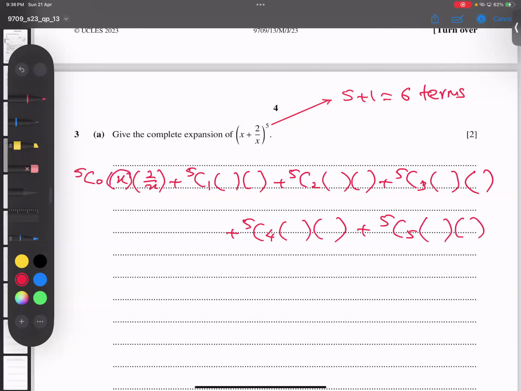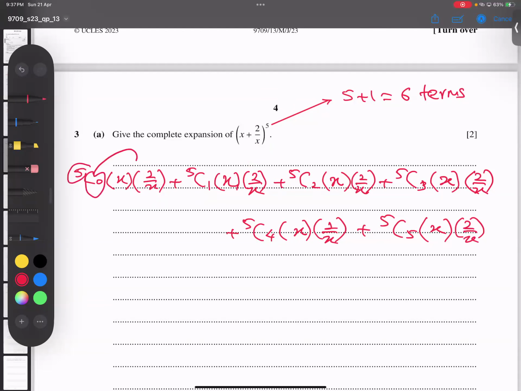Okay, in each first bracket we'll put the first term x, x, x, x, and x. In the second bracket we'll write this 2 by x, 2 by x, 2 by x, 2 by x. In this way the chance of mistake reduces.